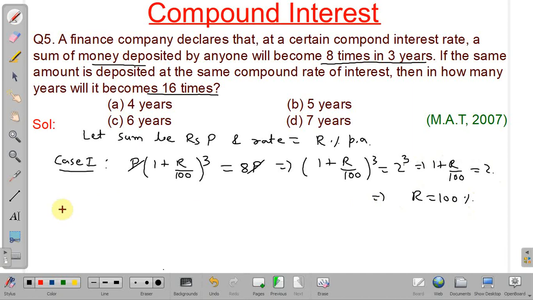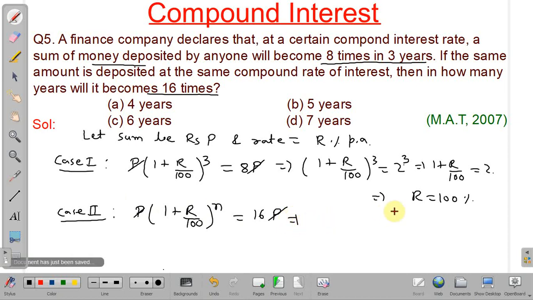Okay. Now for case 2, the amount shall be 16 times the sum. Okay. So p into 1 plus r by 100, let the number of years be n, should be equal to 16 times the principal amount. So p and p will get cancelled out, and r is equal to 100%.